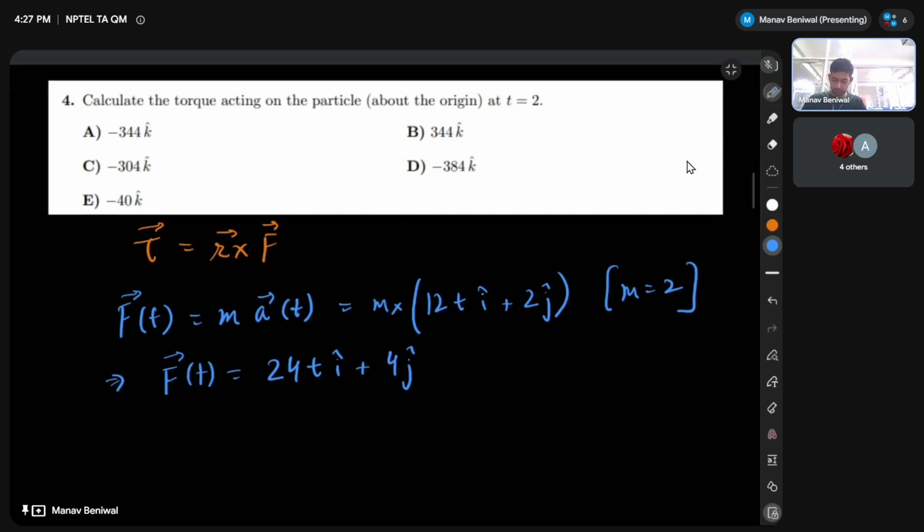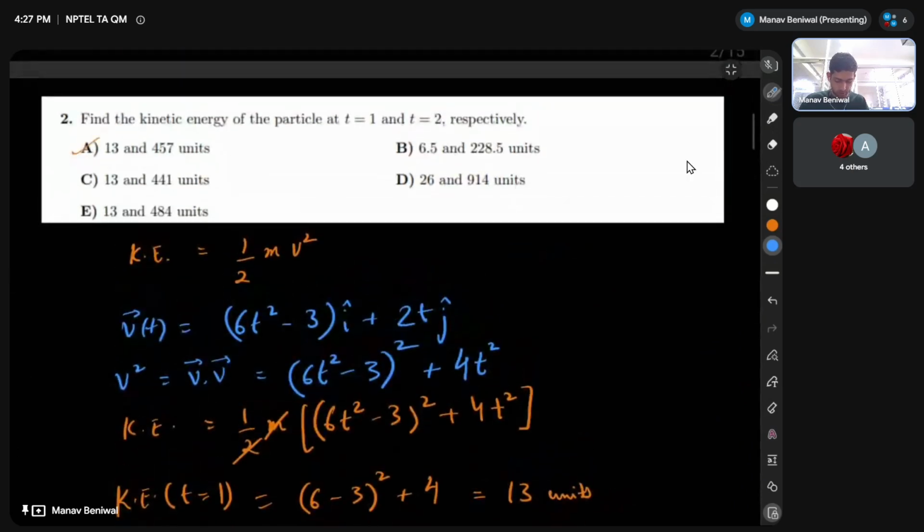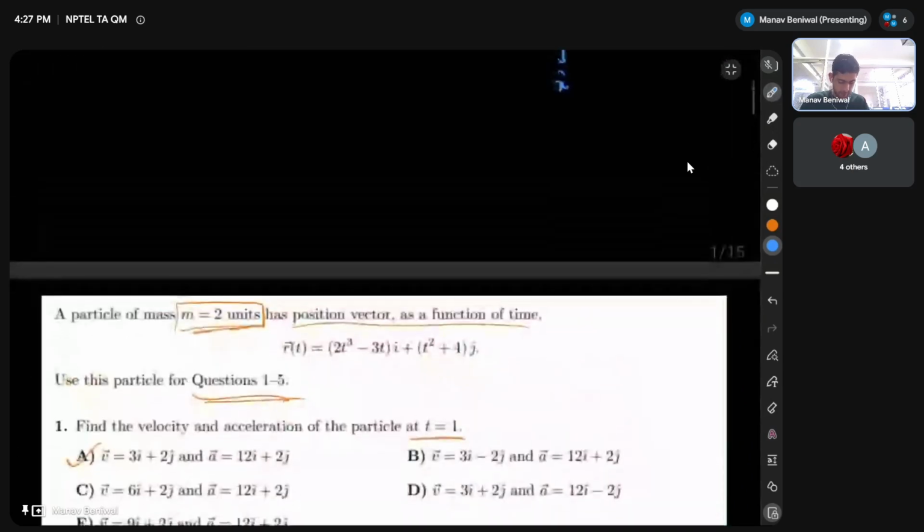Okay. And also let me write down my R here. So my R was given to me. Right. So this is my R: 2t cubed minus 3t, and t squared plus 4.